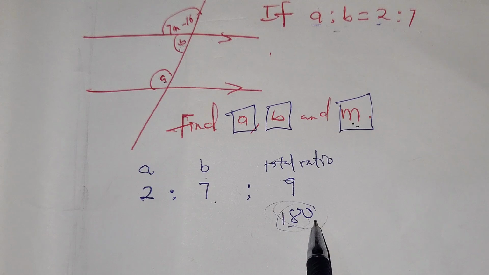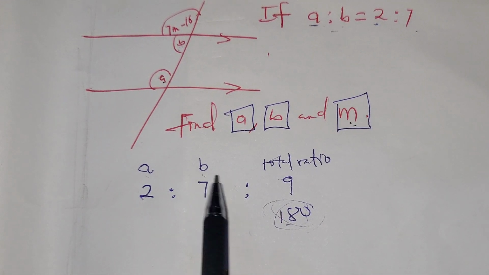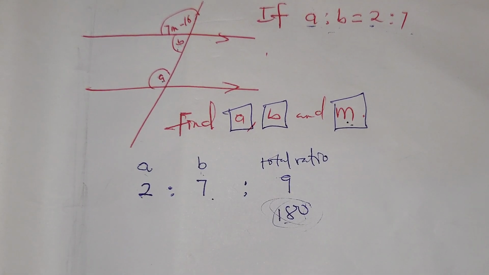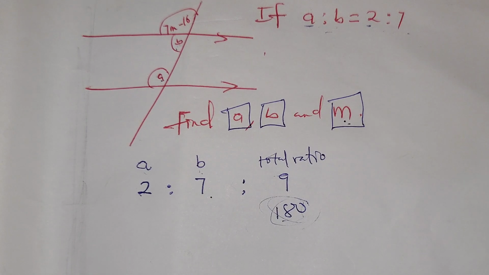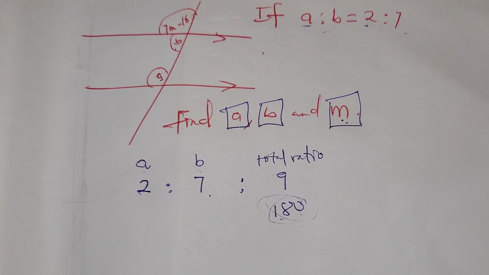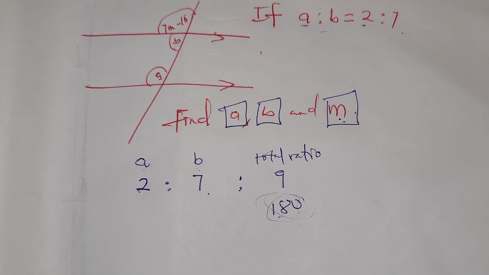That's the total angle that we're going to distribute among A and then what? B. But if you don't understand anything about angles, you can leave that in the comment section so that I make a special video on parallel lines for you, because we're going to apply the rules of parallel lines in this lesson a lot. So if you don't understand it, just leave a comment in the comment section and I will assist you. Right, let's move on.